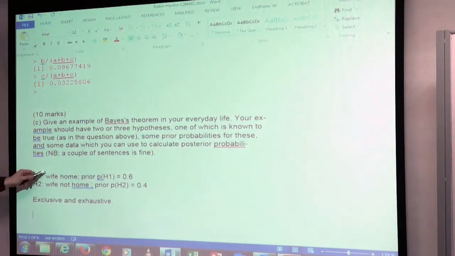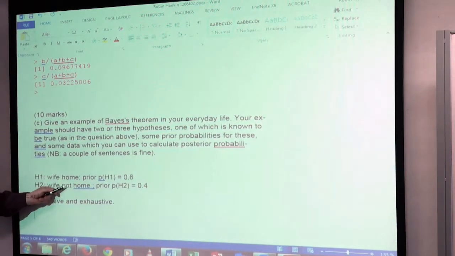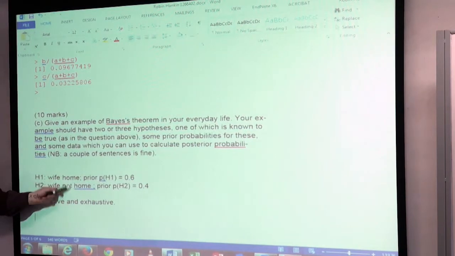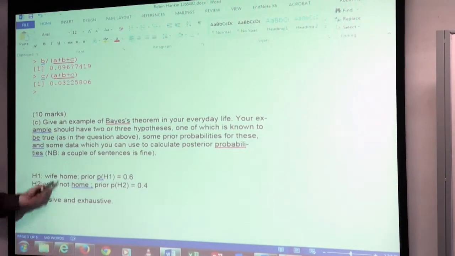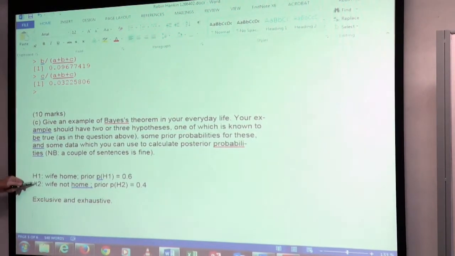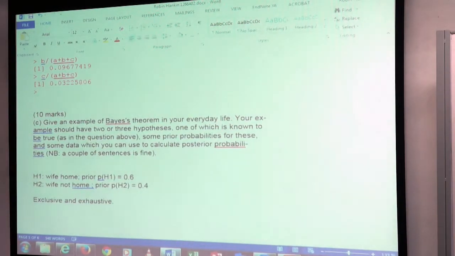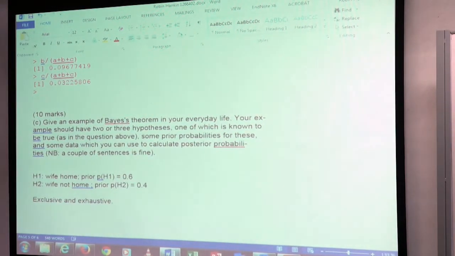Exclusive: if she's home, she's home; if she's not home, she's not home. It's one of these, and I've covered all the bases. So there's no overlap, they're distinct, and there's nothing outside. She's either home or not.